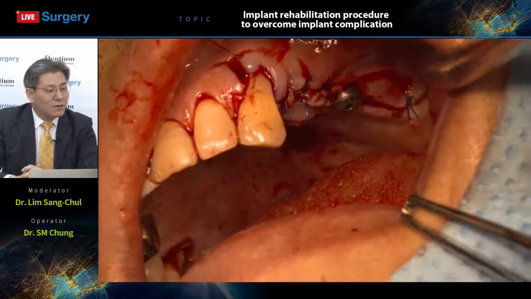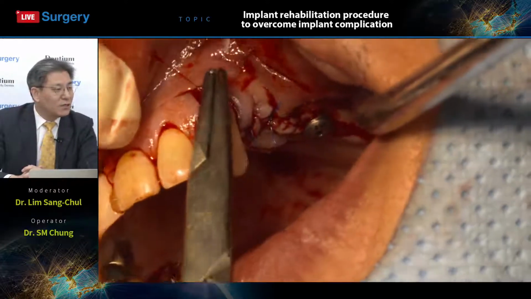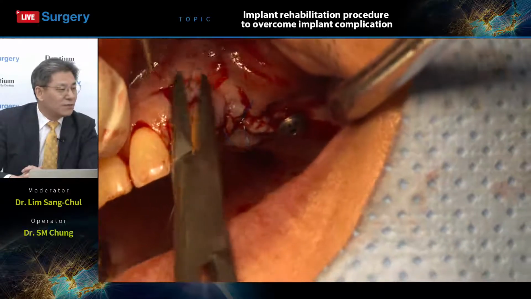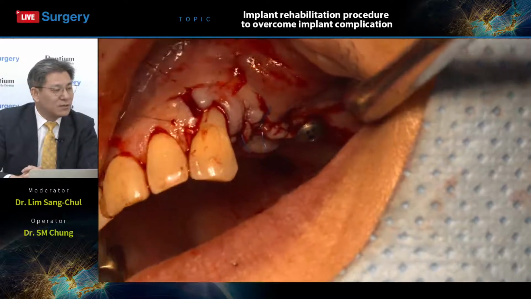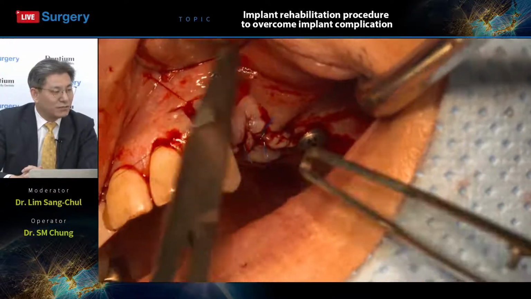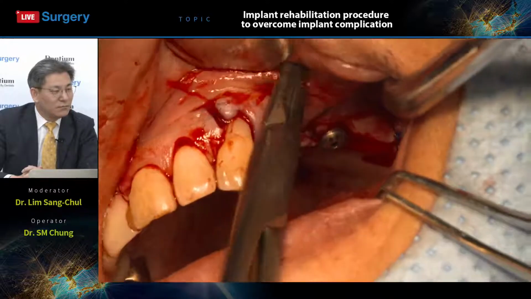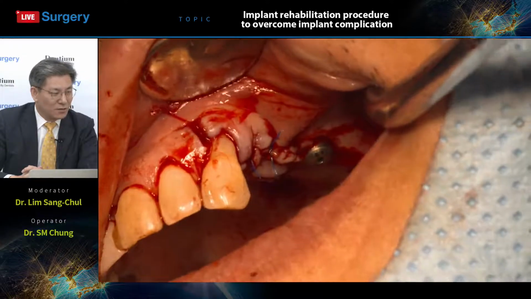Okay, now he wants to make another suture with 6-0, very thin suture. As you know, this thin suture material makes a smaller scar.